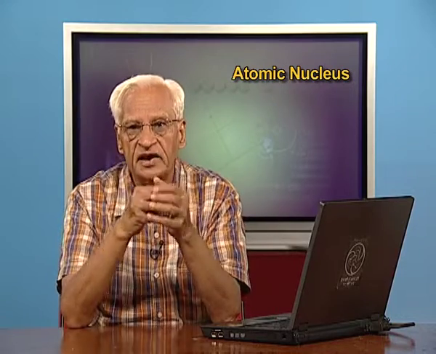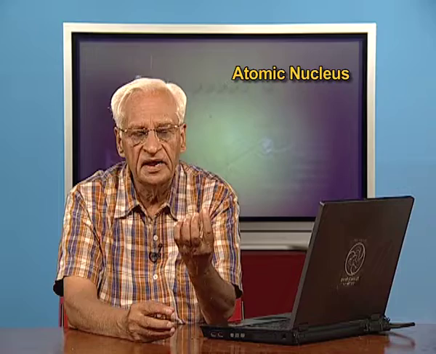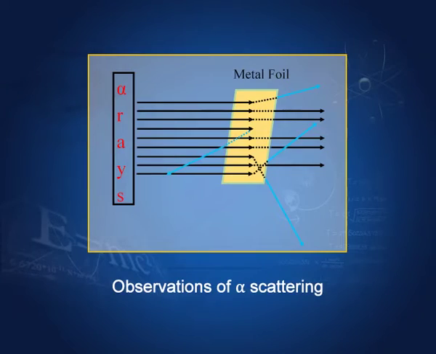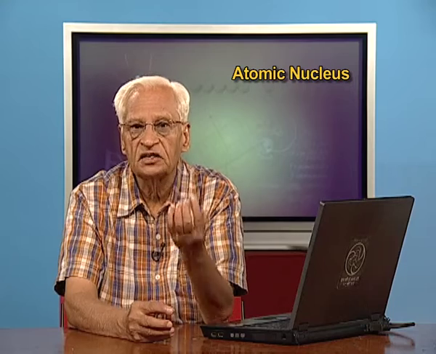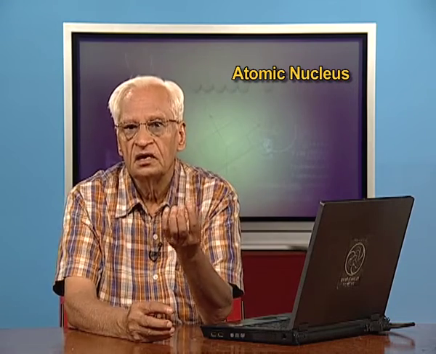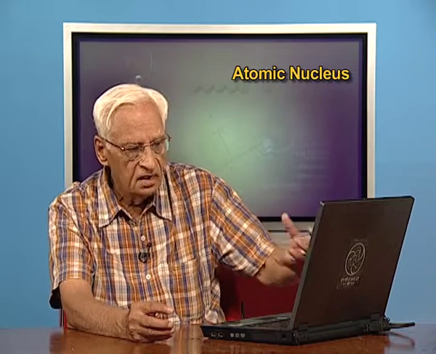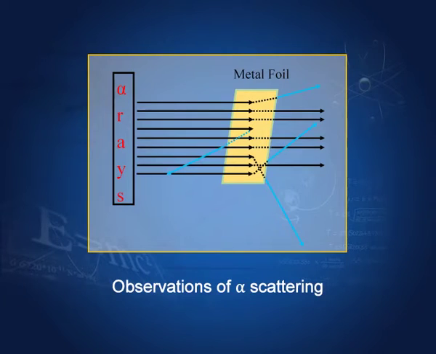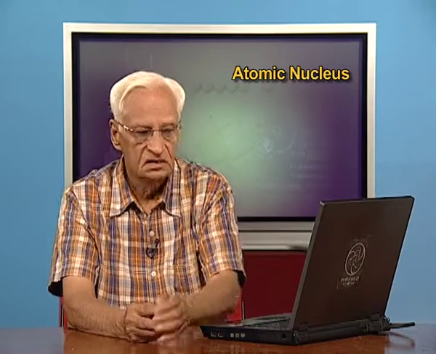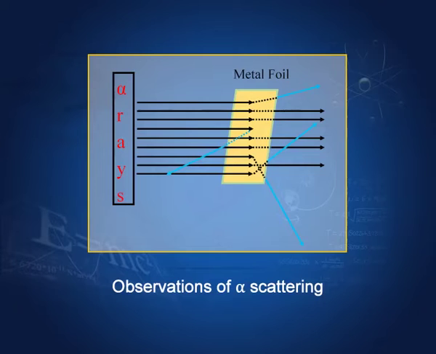At the center of the atom, he thought there must be a part which has all the mass and all the charge of the atom. That is why, because this charge is concentrated, some of the alpha rays suffered very large deflections. Some of them even got sent back.